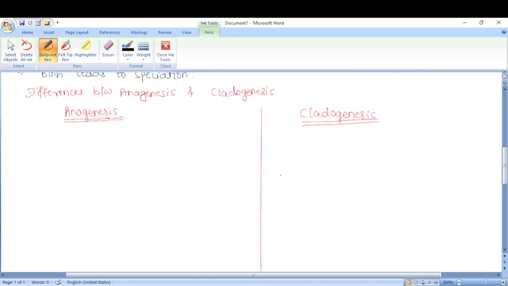Now we'll see the differences between anagenesis and cladogenesis.